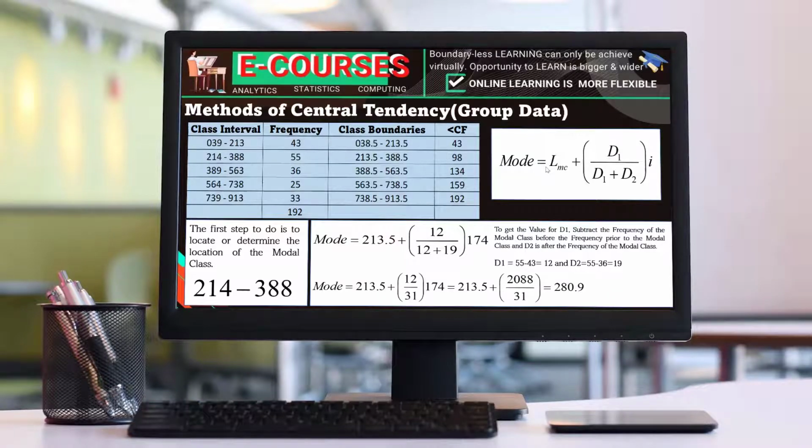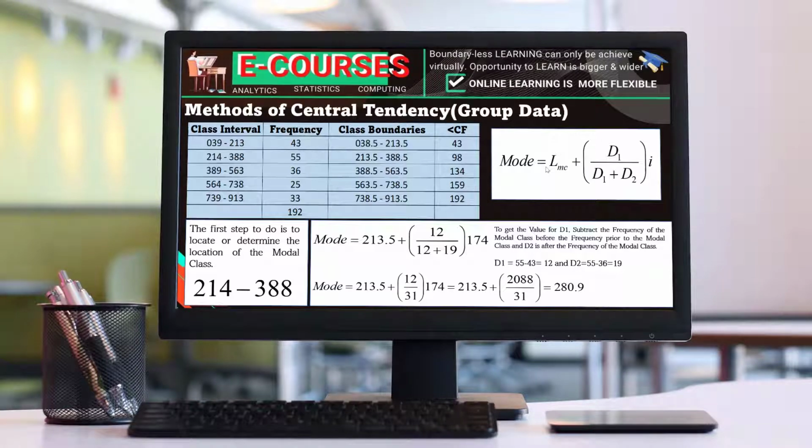Now calculate the class boundary of the lower class limit. 214 minus 0.5 is 213.5, so we use 213.5 to replace the LMC. Next are D1 and D1 plus D2.